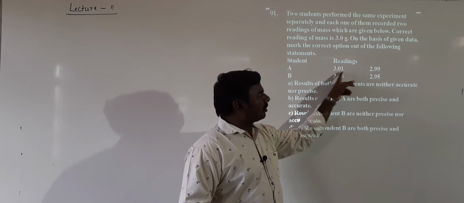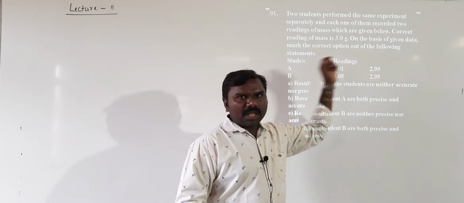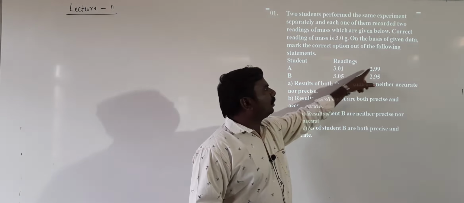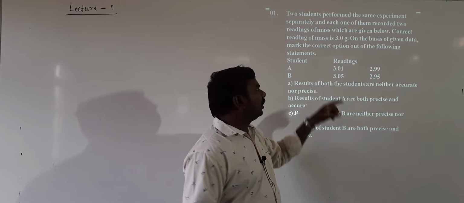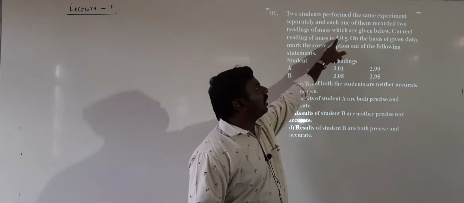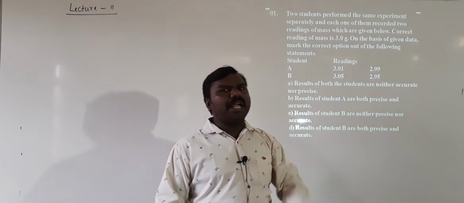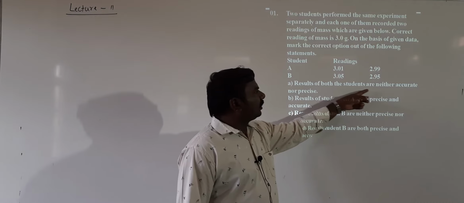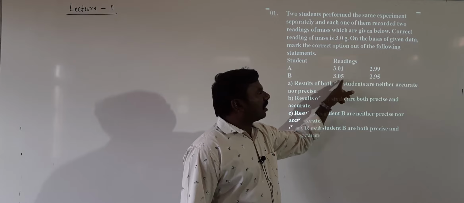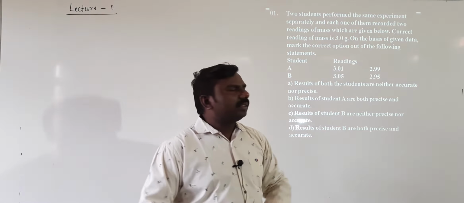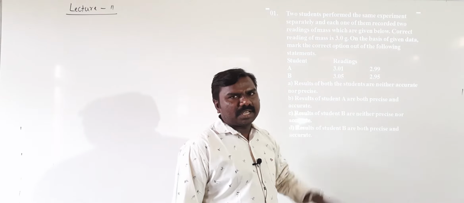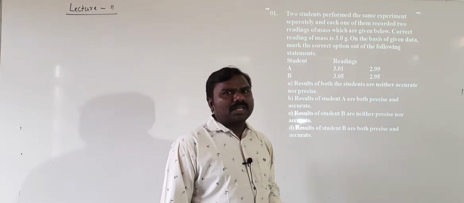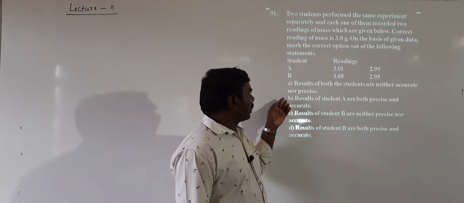So these values are close and very close to the 3. These two being close means precise, and these values are very near to the true value, that's why accurate also. The other two values are a little away, that's why not precise, and not close to 3 also.